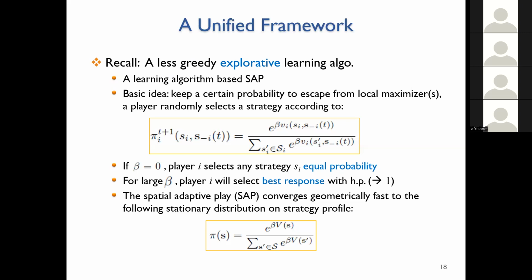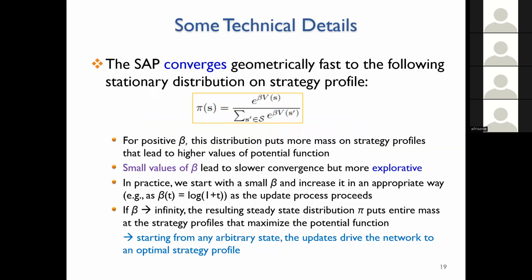Yes, beta can be written as 1 divided by T. Sorry, I confused you because I use two different letters for the same meaning due to two different literatures. So beta equals 1 divided by T. Beta is more used by people in game theory, and T is more used by people in physics. Since I copied, I didn't have a chance to modify the letter. But you can consider it just a parameter to tune the system, like a cooling system.